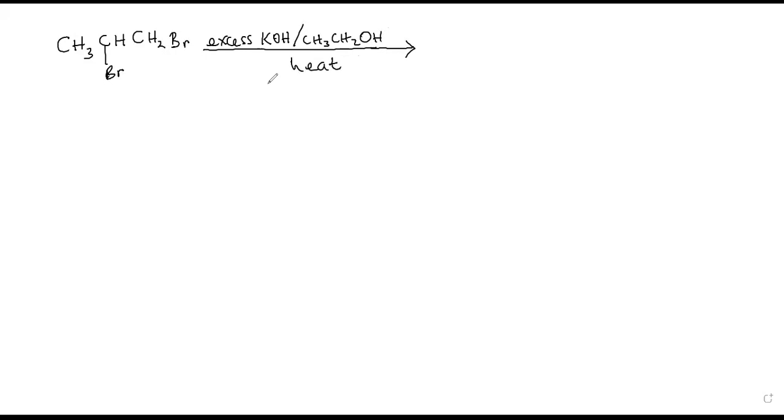Before you start troubling with the product, you can first write the mechanism. You're going to have this CH3, you will not tackle it, but the main things are those carbon atoms where the bromines are attached. But first, form the attacking species.